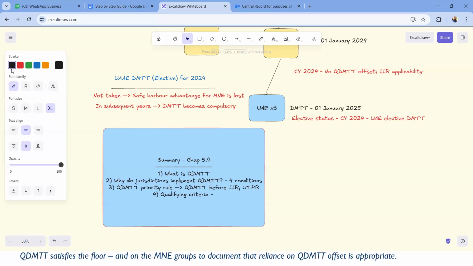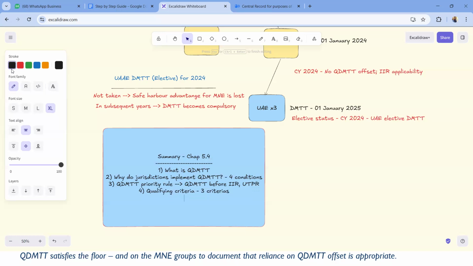You have three conditions. One is functional equivalence, a 15% minimum rate, and administrative similarity. Administrative similarity means you can't do cherry picking, you can't have any refunds or credits that would offset this, and it should be similar to this. So there are three criteria.